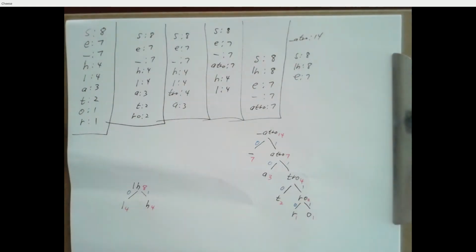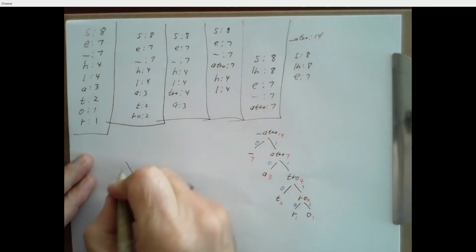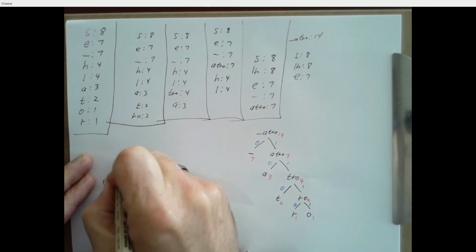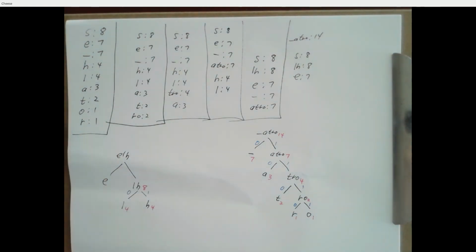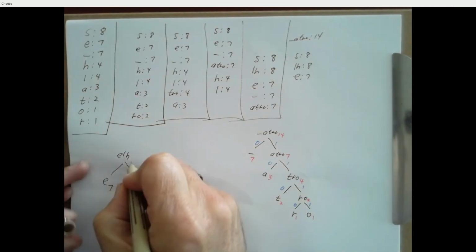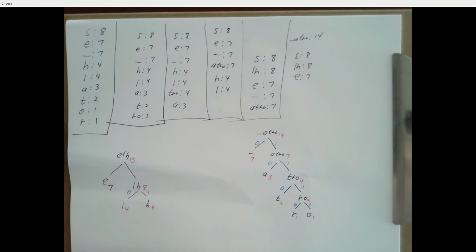So E and LH get combined into ELH. E had a frequency of 7. That's a frequency of 8. This is 15.